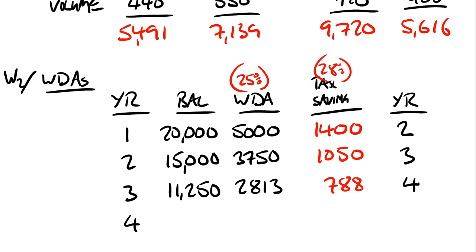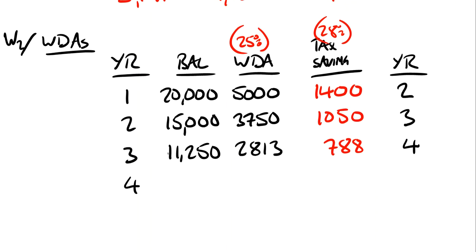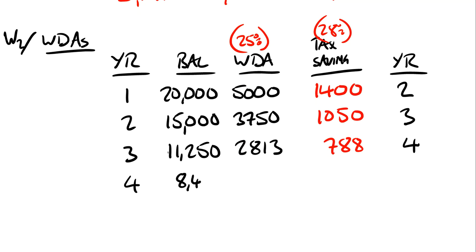In year 4, then, the remaining balance is going to be 8,437. I always put an extra line in for scrap. In this case, it's 0, but that reminds you to do it.